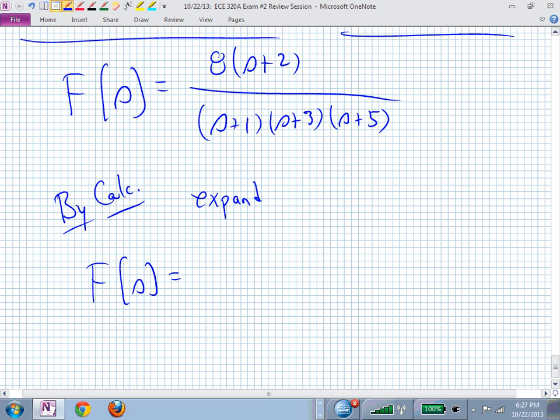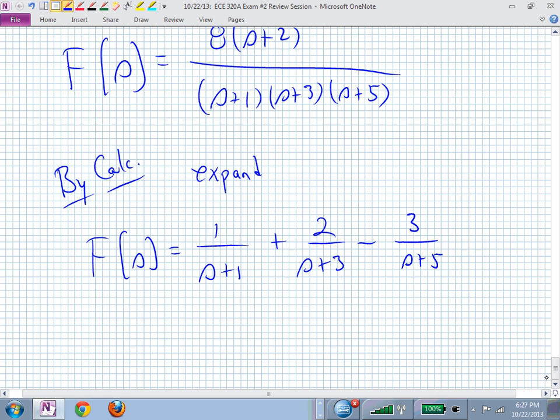And then you would write down 1 over s plus 1 plus 2 over s plus 3. Whoops. And the calculator would actually give you a minus, whoops, that was a 3 if you were looking, s plus 5. Is that what it gave you?